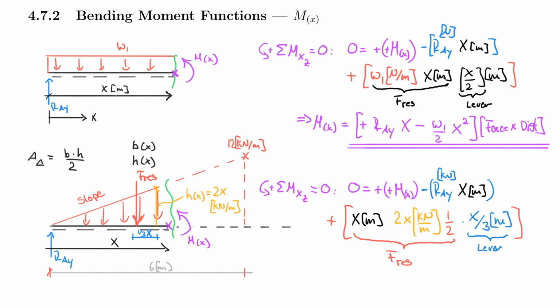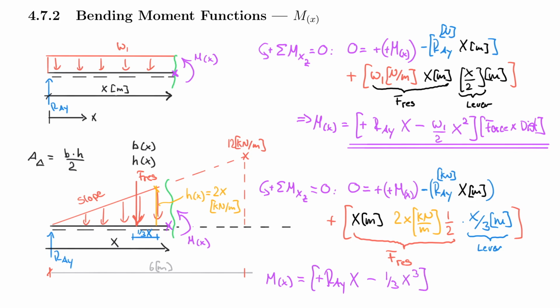Let's recollect all our terms or rewrite it. And let's say that m of x for this scenario here is equal to positive Ray times x minus, and I have the 2 that cancels out, so it's really 1/3 minus 1/3 x cubed.